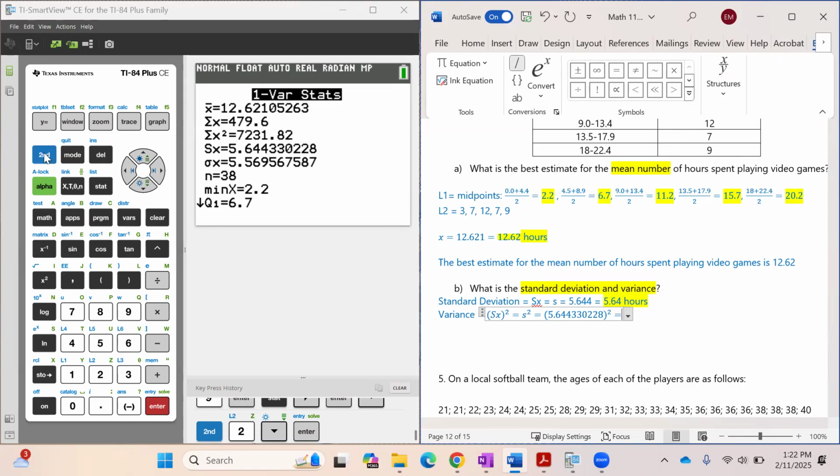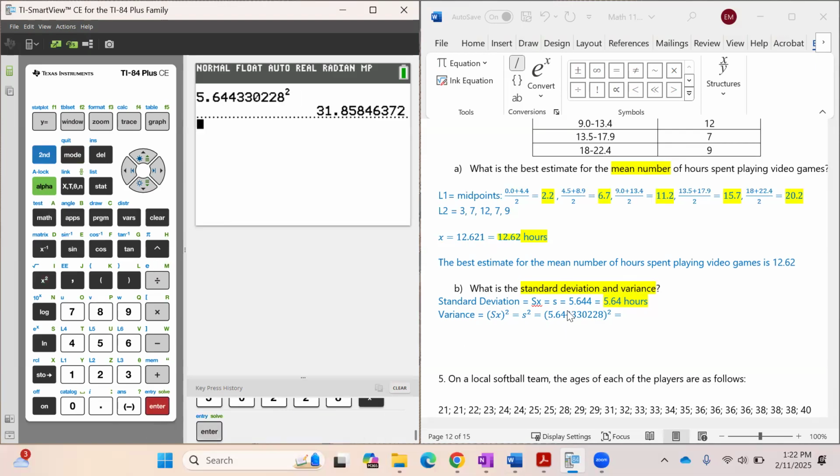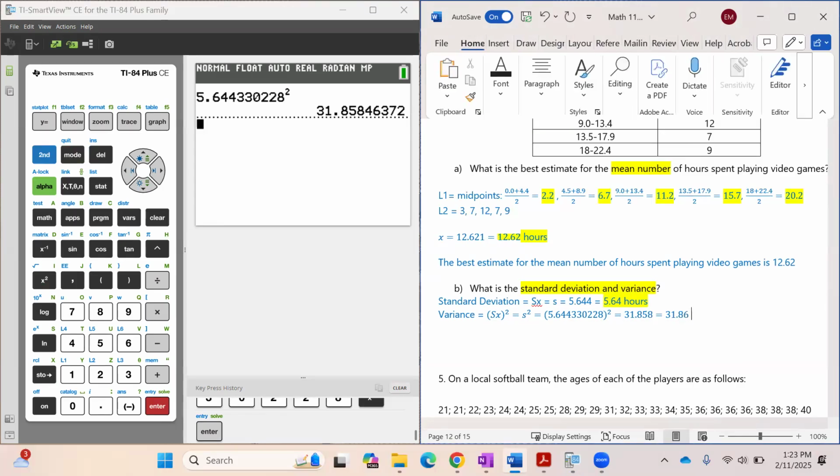Let's go ahead and put that in the calculator and see what that is. So 5.644330228 squared, and we hit enter, and we get 31.858. So let me type that up here, 31.858, and remember it's two decimal places, so you want to round this to 31.86 hours.